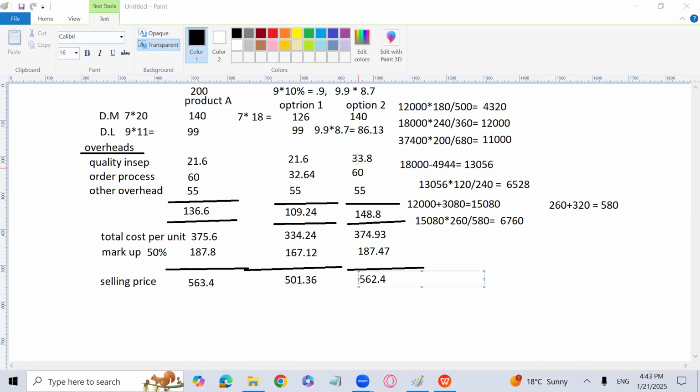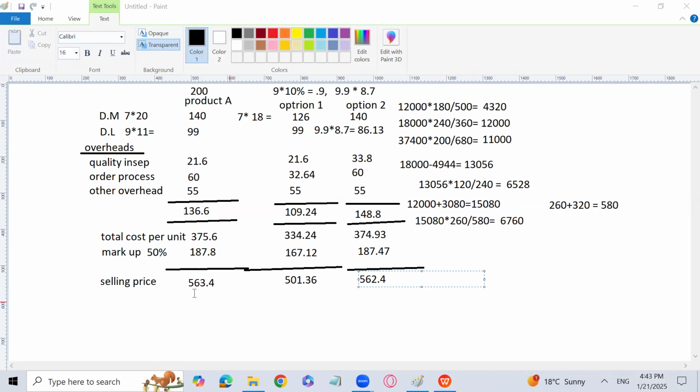And overall, the benefit which has been given to us through direct labor, that even we are taking less skilled workers and they are taking more time, but we are paying less. But it doesn't make any sense, because of that we now need more quality inspection, because the quality is compromised, and that's why quality inspection cost has increased.